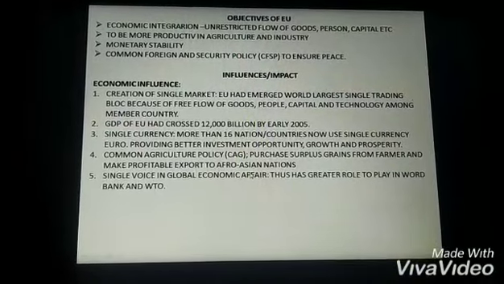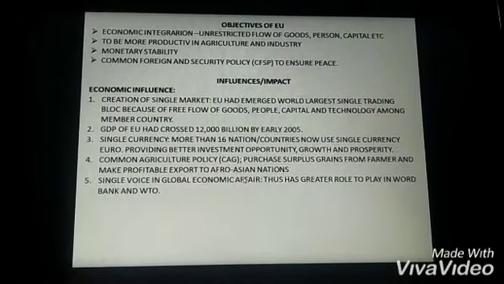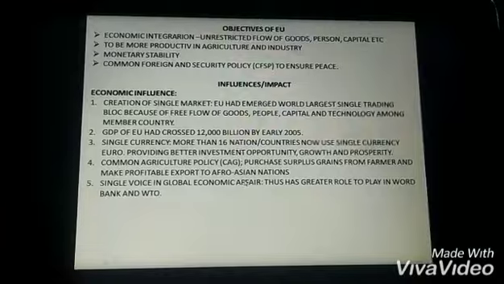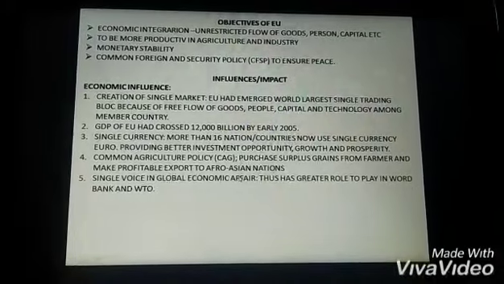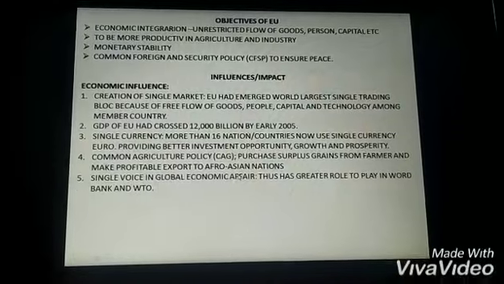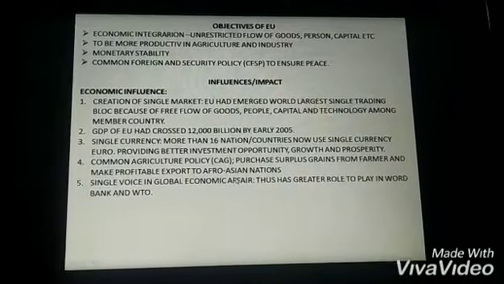Since they are all together, with one policy, one program, one currency and everything, because of all this good cooperation among themselves, they also have a single voice in global economic affairs.